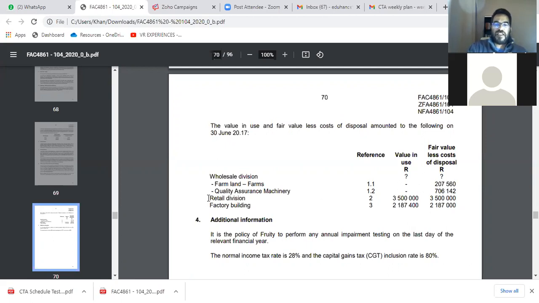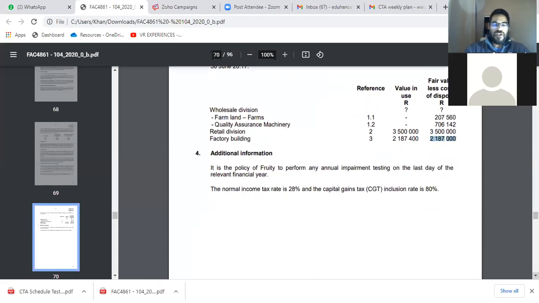Then they give us a retail division. We don't really need it because they told us nothing to do with it. And then here they're giving us the factory building. The value in use of the factory building is equal to the fair value less cost of disposal. So we need to compare that to the factory building's carrying amount. We will look at that when we get there.